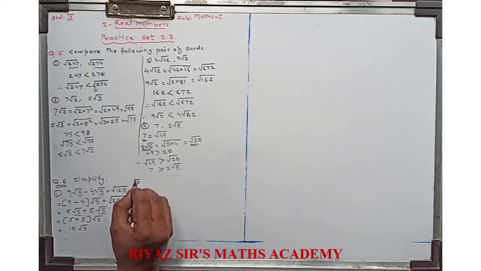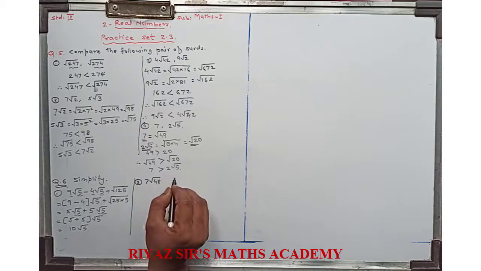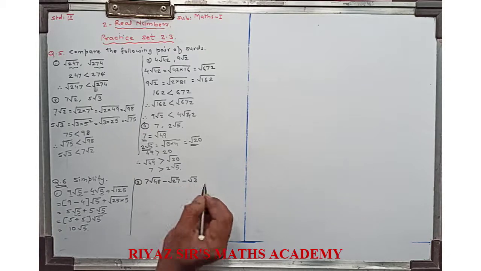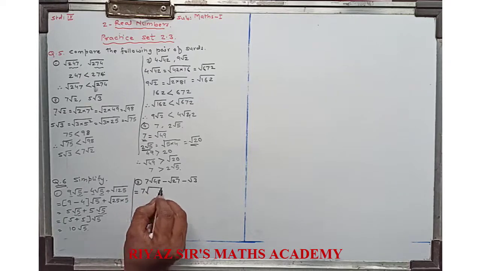Now the second example is like this: 7 root 48 minus square root of 27 minus root 3, that is equal to 7 into square root of, now 48, factors for 48, so that one factor should be a perfect square.